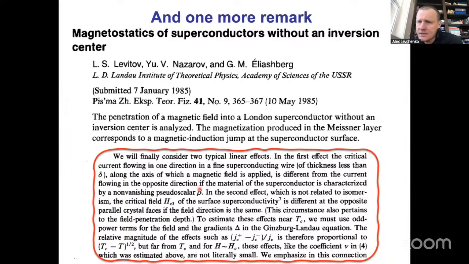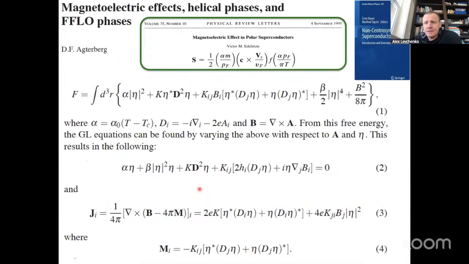The origin of this pseudovector is the same as I just explained. Again, it's a system with broken inversion symmetry. They do not elaborate on the details, but make the prediction in writing that this should in principle occur.